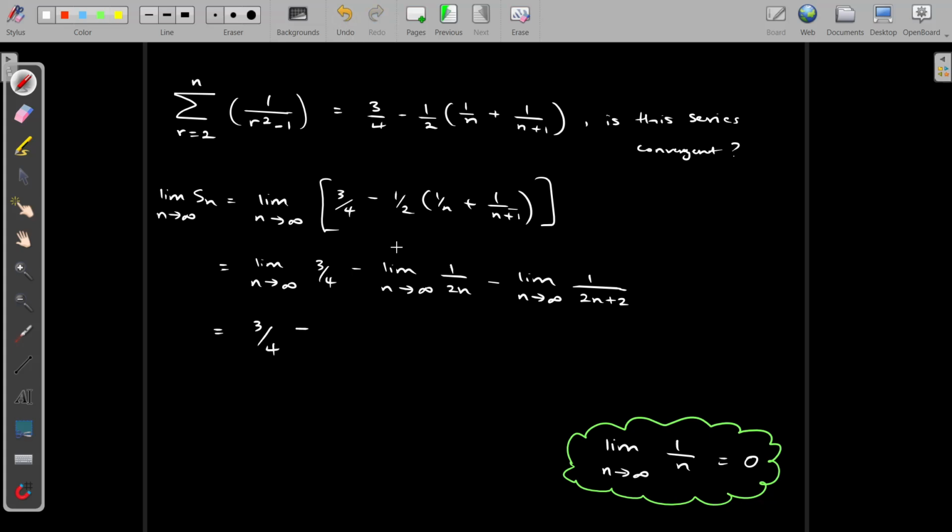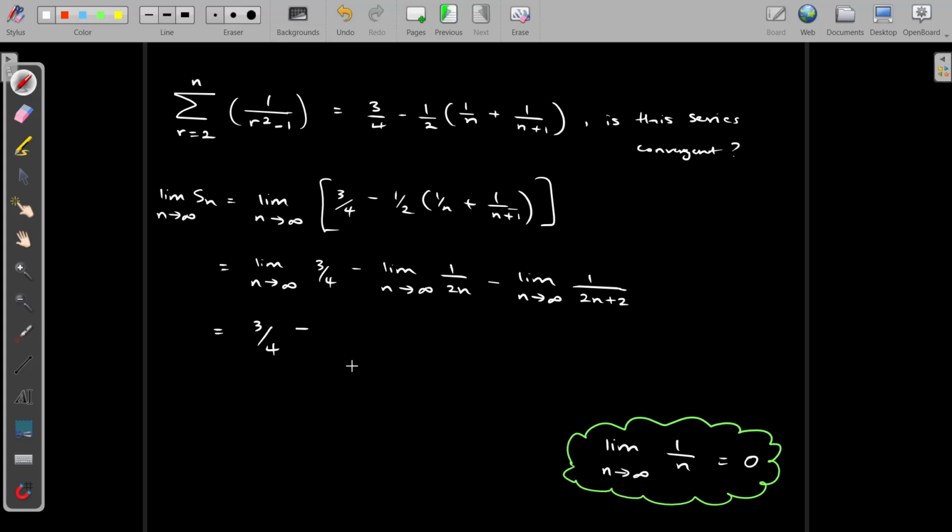minus, and then we said the limit of this piece here as we're tending to infinity. If we do a direct substitution here, it would just be 2 times infinity. And remember, 1 over infinity is 0.